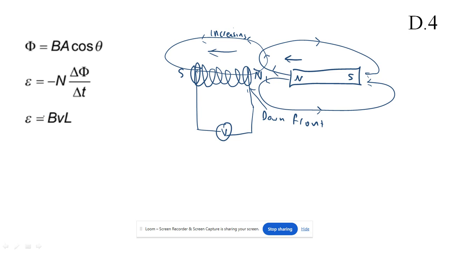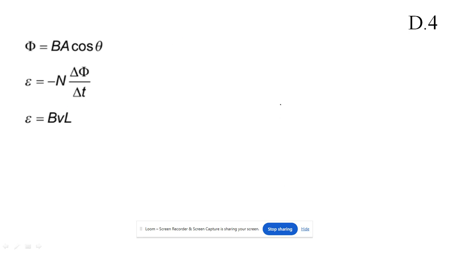Okay. And then this last one here is the EMF induced on a moving conductor. So let's look at that. Let's imagine that we've got that magnetic field out of the page here. Let's imagine that we've got a piece of this conductor and it's L long. Let's imagine it's moving that way.